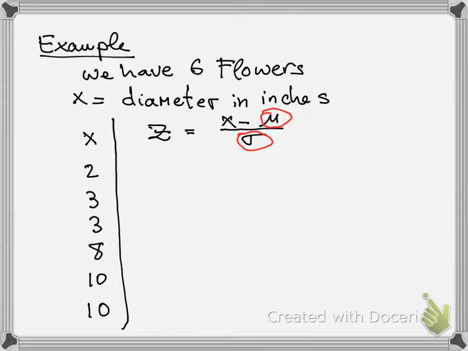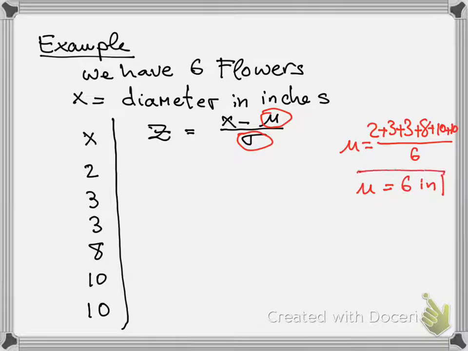Mu, the average, you have 6 flowers, so you add the diameters: 2 plus 3 plus 3 plus 8 plus 10 plus another 10, over 6. So mu in this case would be equal to 6 inches, the average.